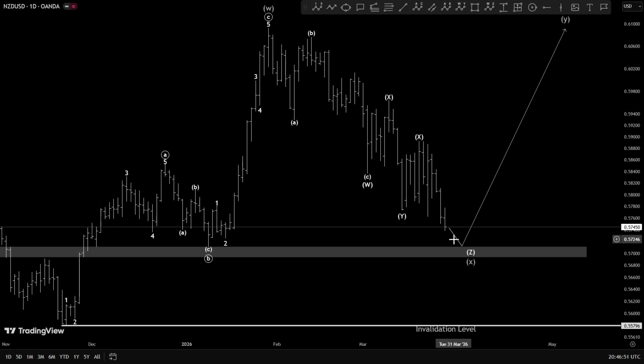Okay, so using Fibonacci gave us that at least this range is our changeover to the upside. And sometimes it might not reach this range, maybe just the starting point of this support level, then we start going up. And that is our expectation on New Zealand USD for now.